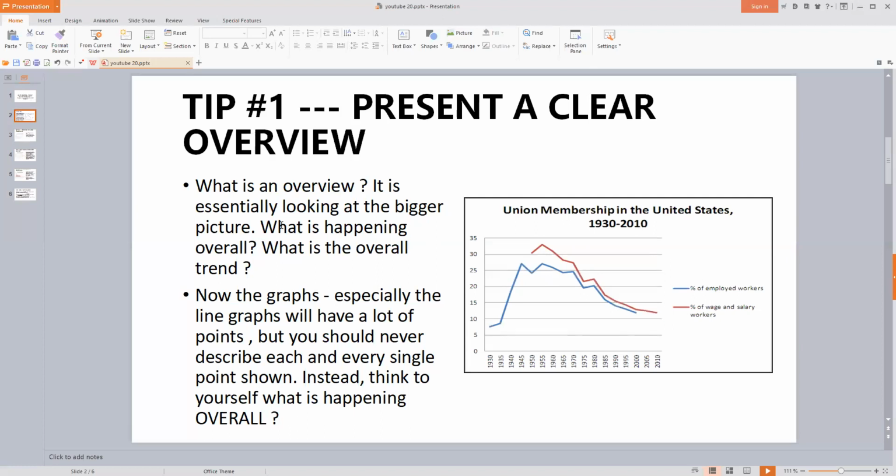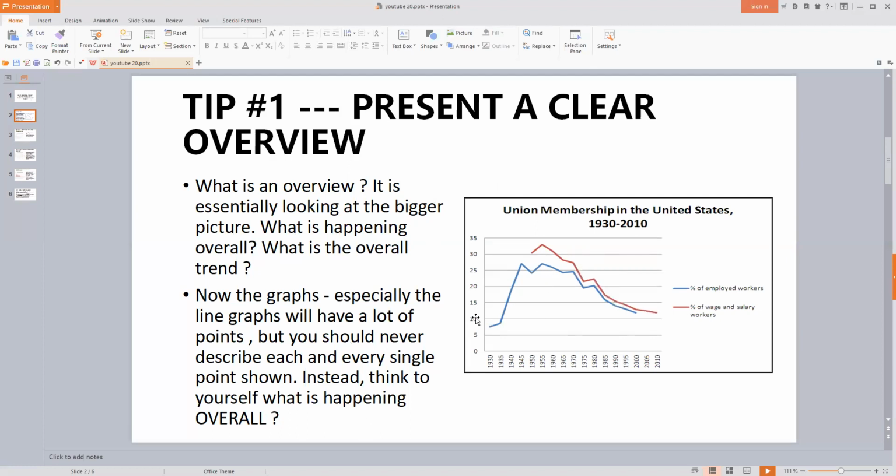Okay, now let's talk a little bit about graphs. And in particular, we're going to look at a line graph. Well, as you can see on the screen, you will have a lot of points in the line graph, but what you should remember is that you never have to describe each and every single point shown.